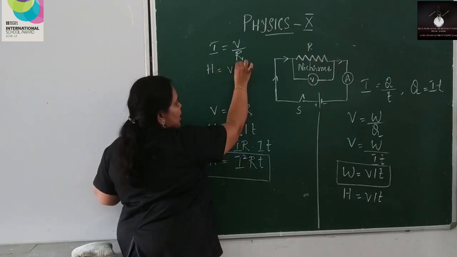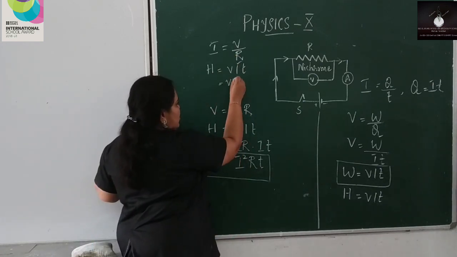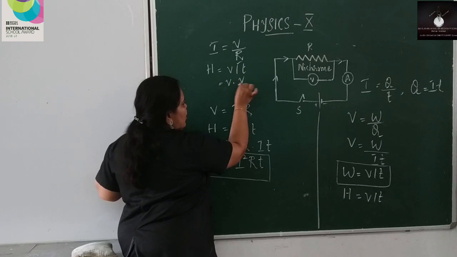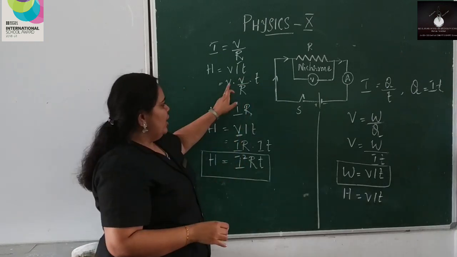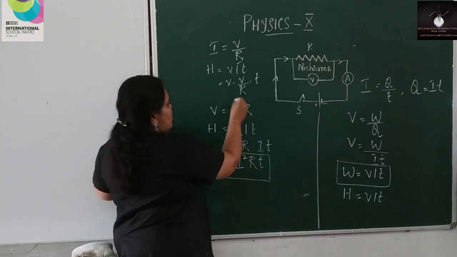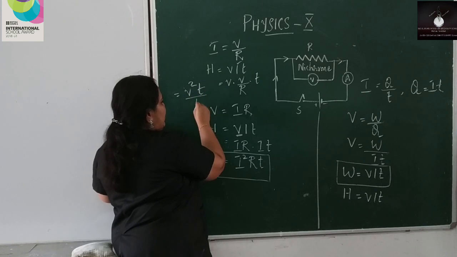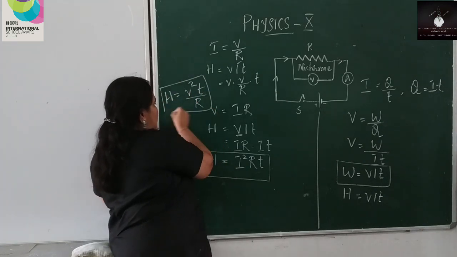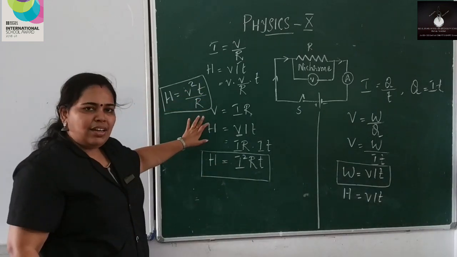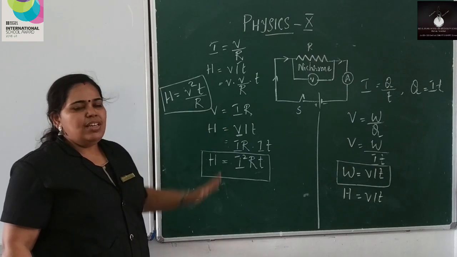Instead of I, you substitute V by R. So V into V by R into T. V into V, V square. So the equation becomes V square T by R. That is, H is equal to V square T by R. This is another formula to find the heat produced in a circuit.